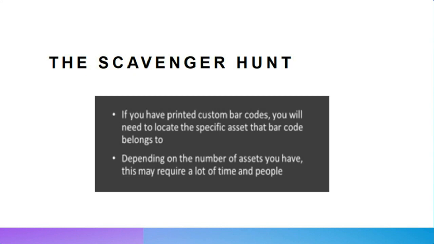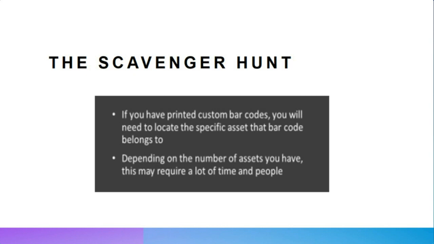I need to make sure that I apply that barcode to that exact asset in order to make the two match up. So, on the mobile app, I would need to find that exact device or that exact item and apply that particular barcode to that item specifically.